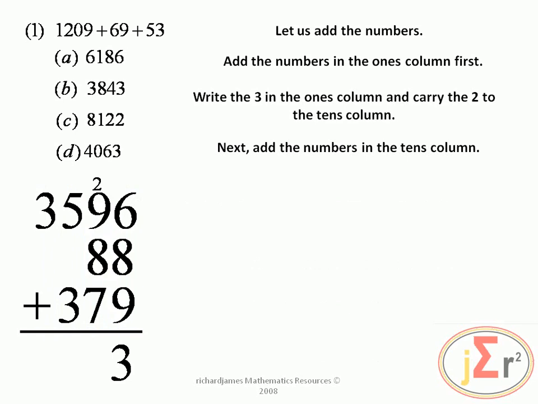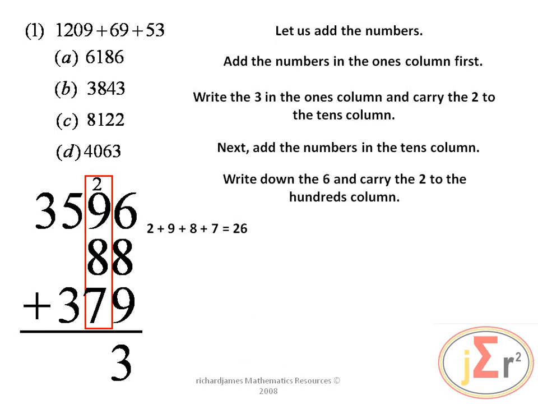Next, add the numbers in the tens column. What do we know? The 2 that was carried from the ones column is also included. So we have this time 2 plus 9 plus 8 plus 7. And those are the numbers that we have there: 2, 9, 8, 7.